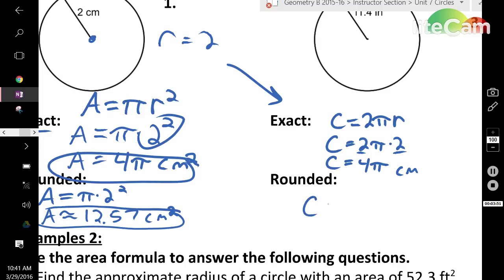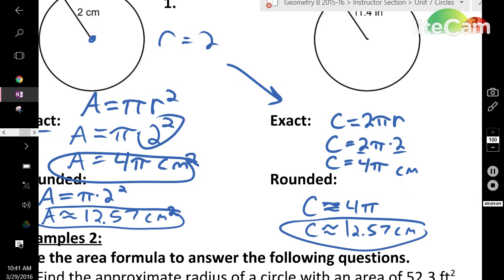And rounded, type 4 pi in the calculator, and it should be approximately 12.57 centimeters. So that's the rounded circumference. This is the exact circumference.